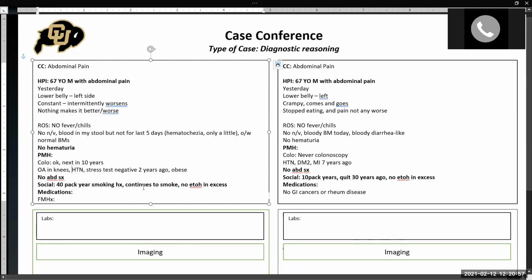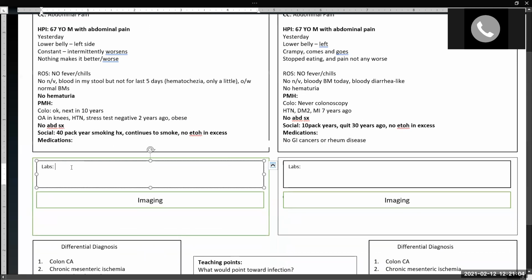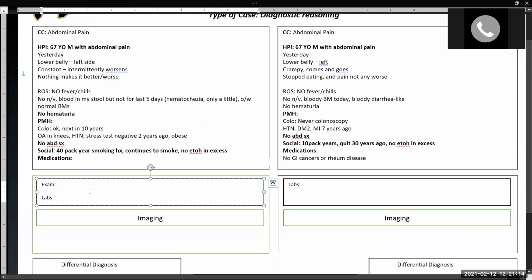Not always, huh? Okay. Let me put the exam here. Let's just do the vitals and the abdominal exam. The rest we'll assume is fairly normal or chronic.